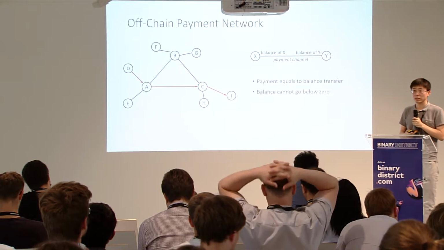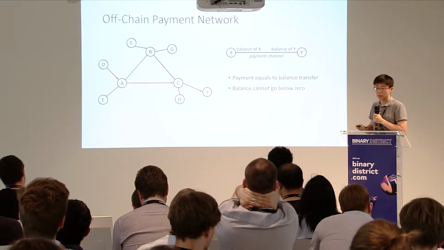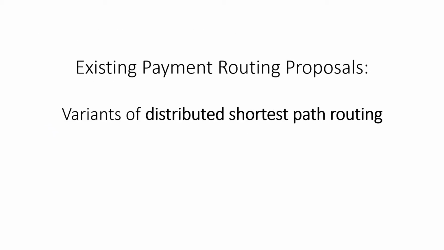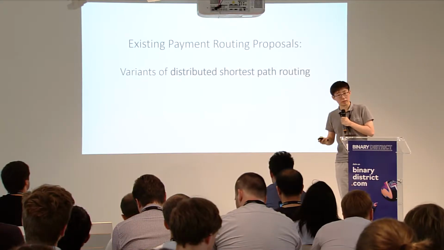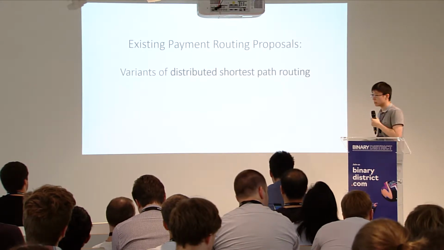If you only look at this network graph, you may think that it is very similar to the traditional data network problems we have studied for decades. The existing payment routing proposals are all based on variants of distributed shortest path routing, like landmark-based routing and embedding-based routing, but they essentially all come down to distributed shortest paths.